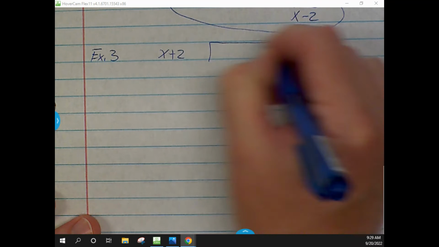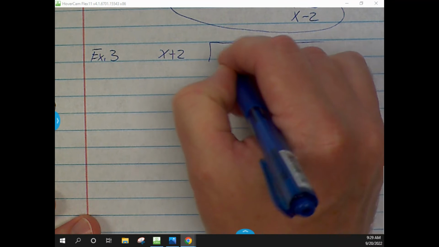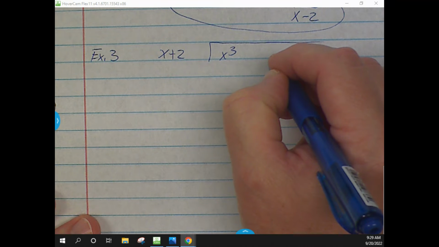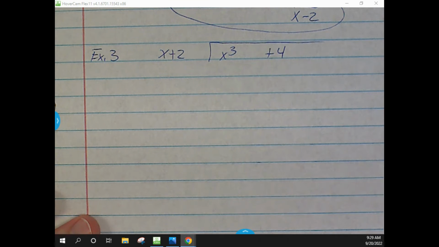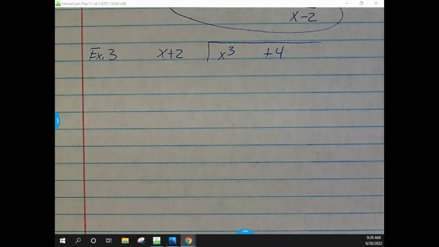Let's divide it into x to the third plus 4. Almost a perfect cube like we were doing yesterday with the factoring, but not quite. If it had been x to the third plus 8, we could have done something with it, but we'll just leave it x to the third plus 4.